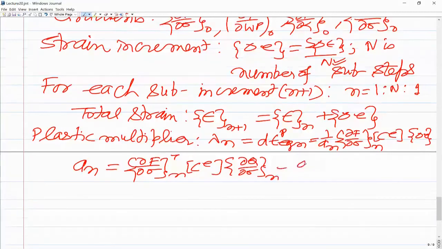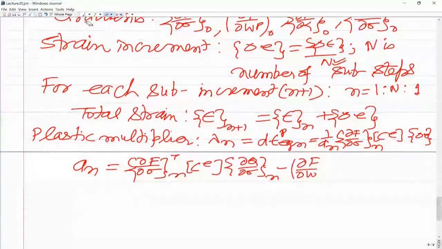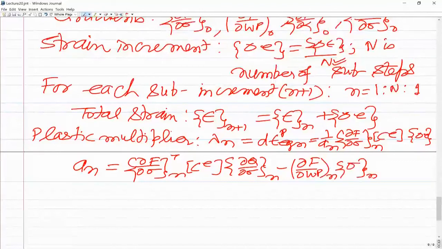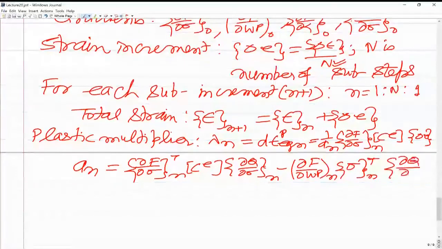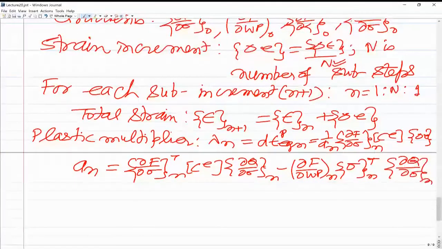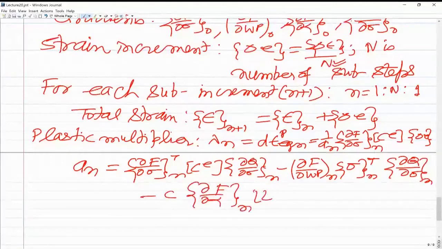Minus del f by del wp calculated at the previous sub step into sigma_n transpose into del q by del sigma calculated at the previous sub step, minus small c into del f by del alpha calculated at the previous sub step into L into del q by del sigma_n.